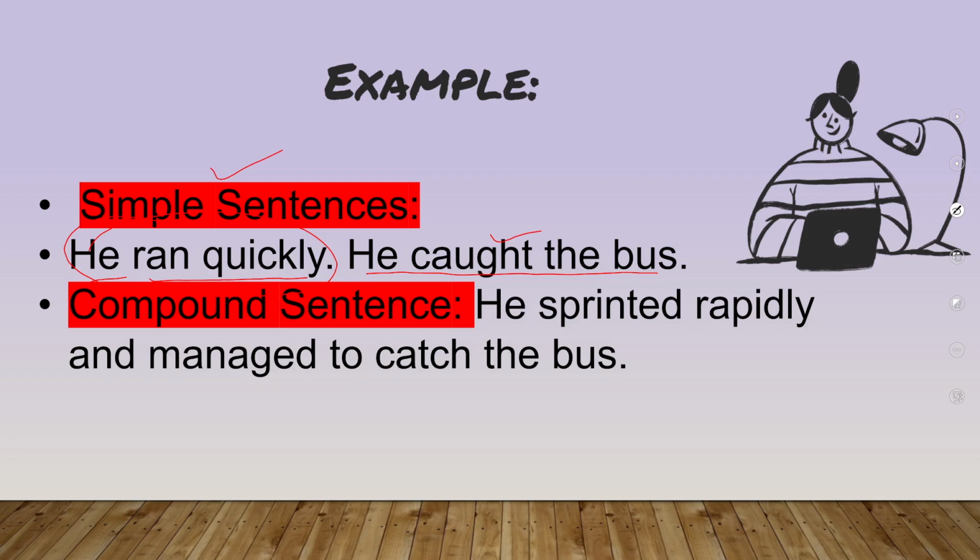But if we use a conjunction to convert these two sentences into one, you would make a compound sentence that looks something like this: He sprinted rapidly and managed to catch the bus.